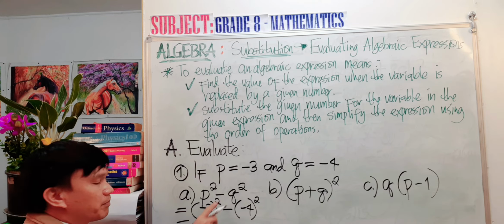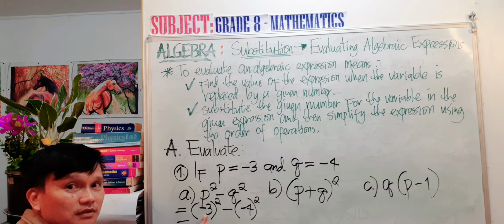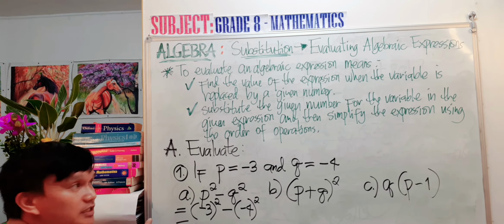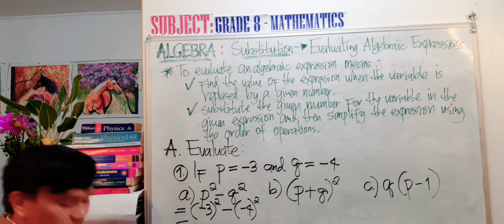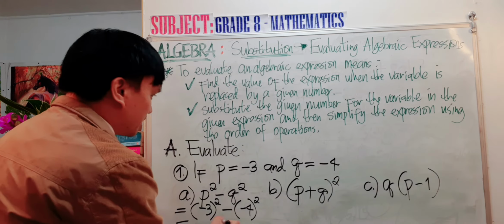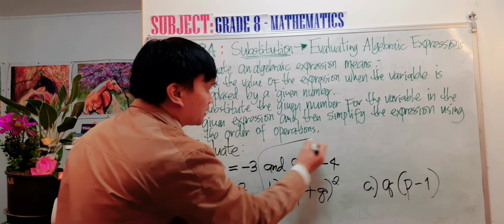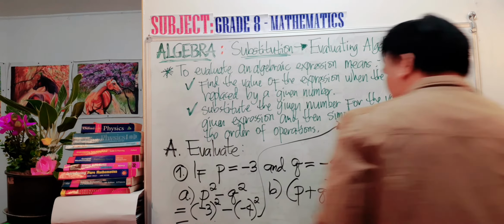negative 3 to the power of 2. So how many times are we multiplying negative 3 by itself? How many times, since the power is 2? Very good, 2 times. We multiply negative 3 by itself 2 times. So I'm going to bring this over here to this side so that we can see it.